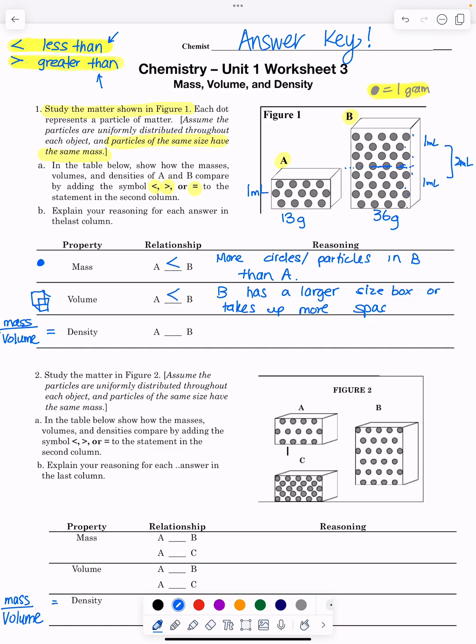And then finally, C here, density. Don't forget that the density is mass over volume. So I'm going to count here. So I have box A. A is like 13 grams for 1 milliliter. Its density would be 13 grams per milliliter.